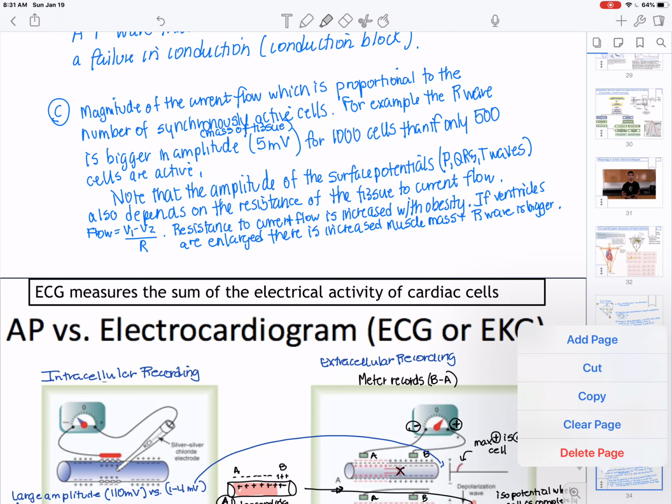And last, the magnitude of the current which flows is proportional to the number of synchronously active cells, so the mass of the cardiac tissue.